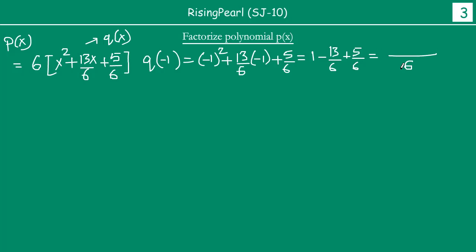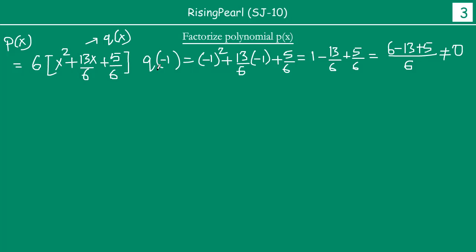So अगर आप यहाँ पे if you take the denominator, 6 will be your LCM. So 1 6 is 6. So 6 minus 13 plus 5. This is not equal to 0, right? Because 6 plus 5 is 11 minus 13 is basically -2. So this is not equal to 0.